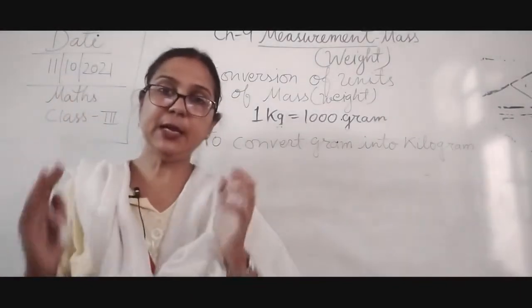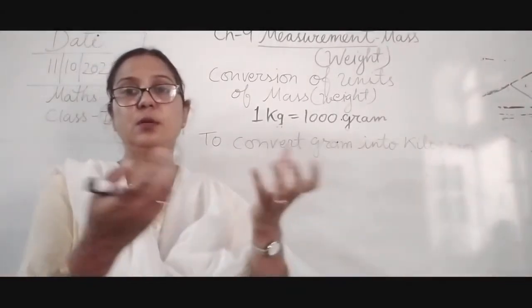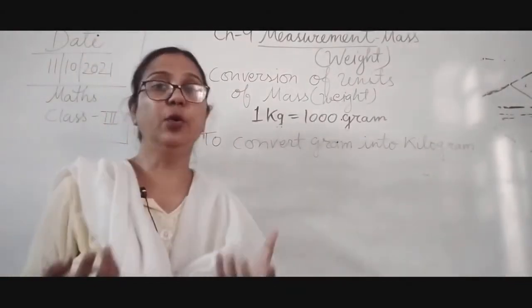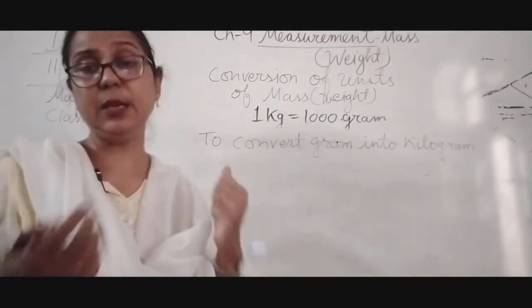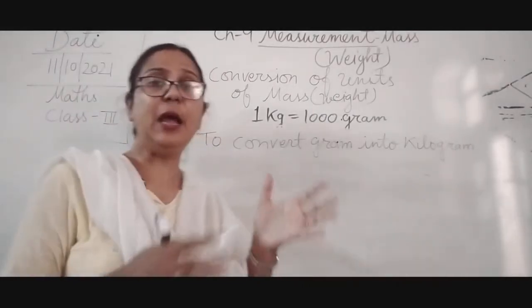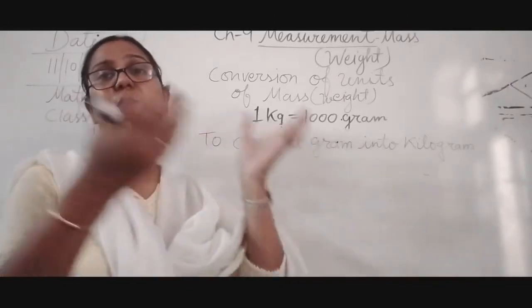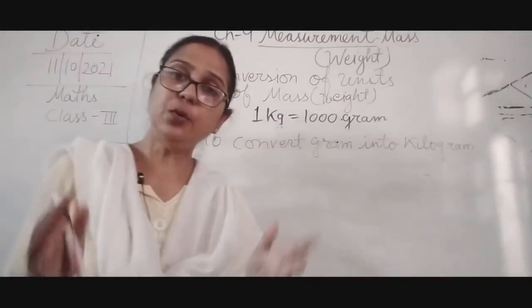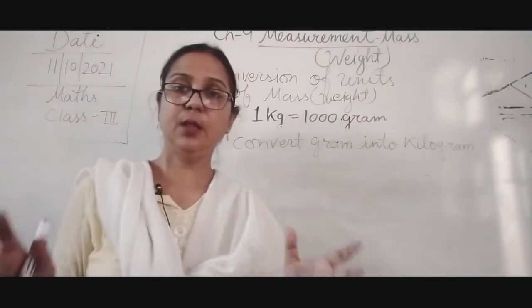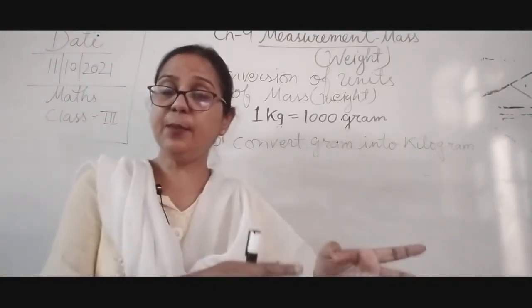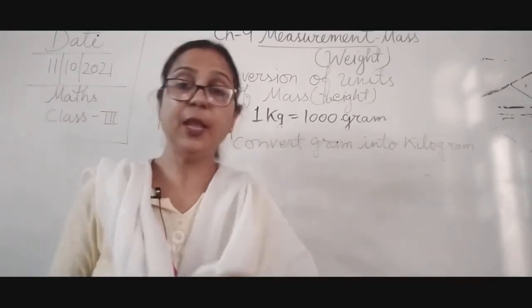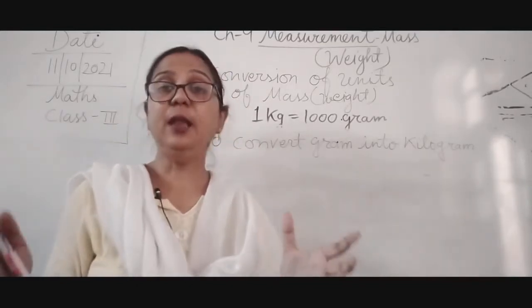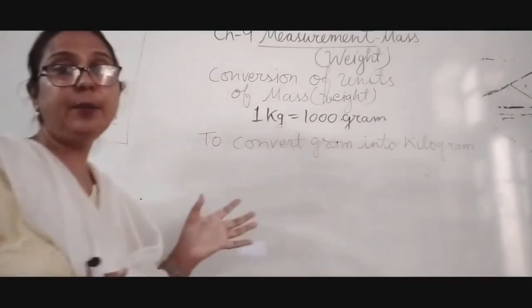It is quite easy to convert into kilograms, because if grams is given and we are going to convert into kilograms, we first arrange the given number into ones, tens, hundreds and thousands. So we can convert into kilograms easily.